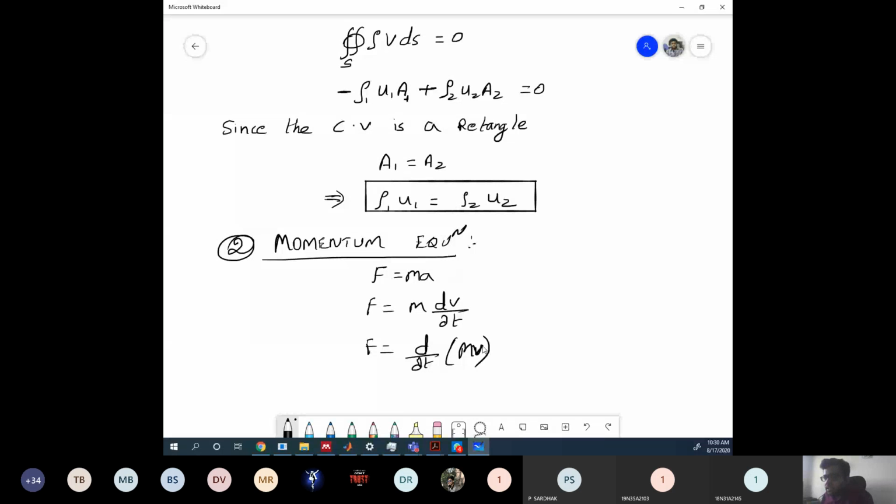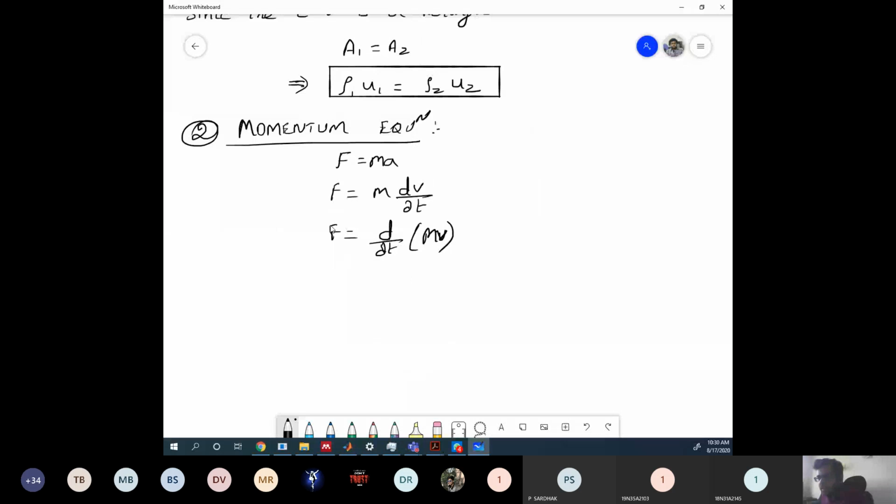I'm not teaching the derivation of the momentum equation right now. Based on this only we derived our momentum equation, right? On the left-hand side you have all the forces: body forces, pressure forces, friction forces, all these terms. Whereas on the other side you have the momentum terms, right?